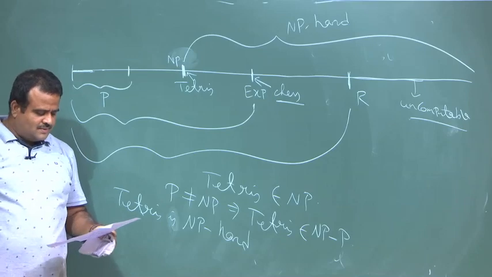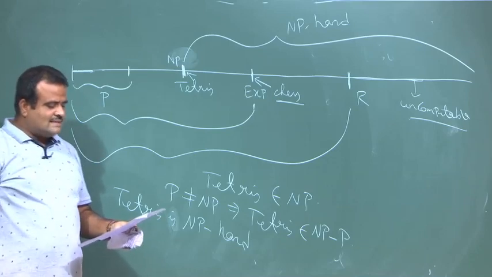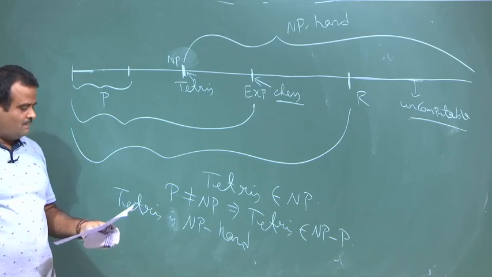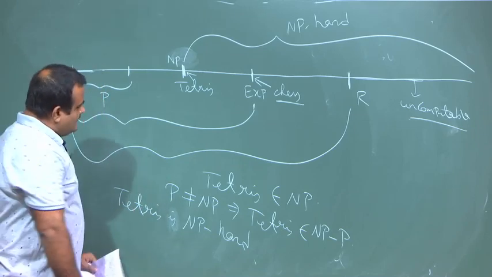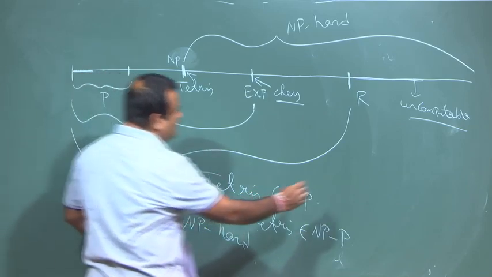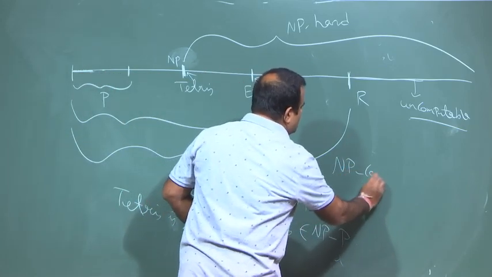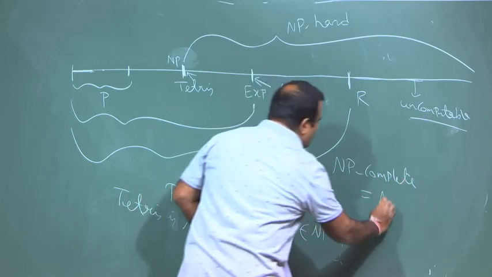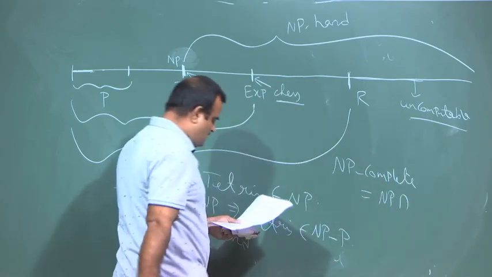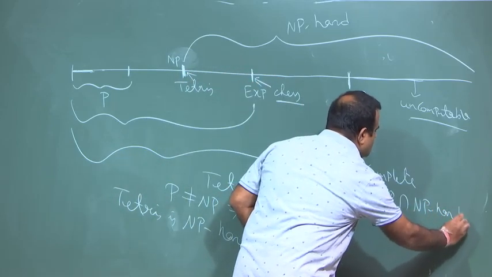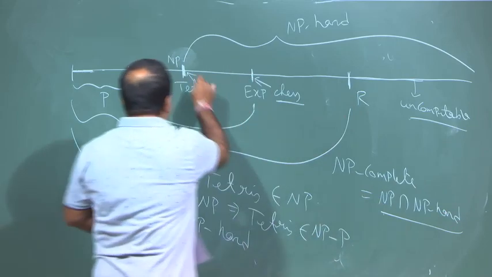And then we have seen that NP complete means NP intersection NP hard. This is NP complete.